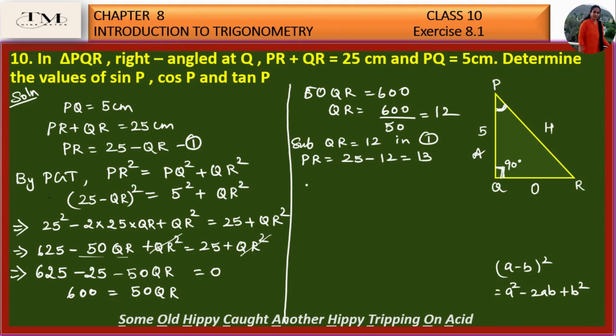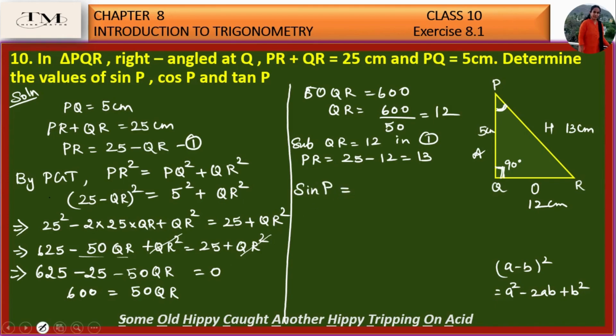So now we have all the values. PQ is 5, QR we found as 12 centimeter and PR we found as 13 centimeter. Now we have to find out the value of sin P, cos P and tan P.